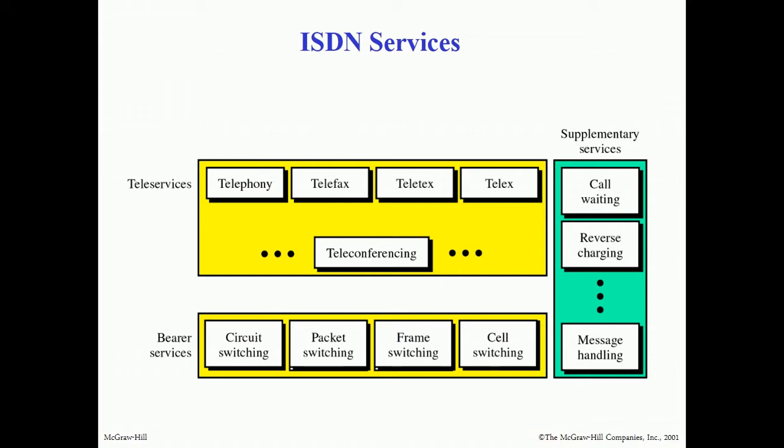X.25 provides packet switched services at modest speeds but with good error handling and flexible routing services. Another bearer service is circuit switched. It provides connections capable of carrying voice or data at up to 64 kilobits per second, and even at multiples of this rate.